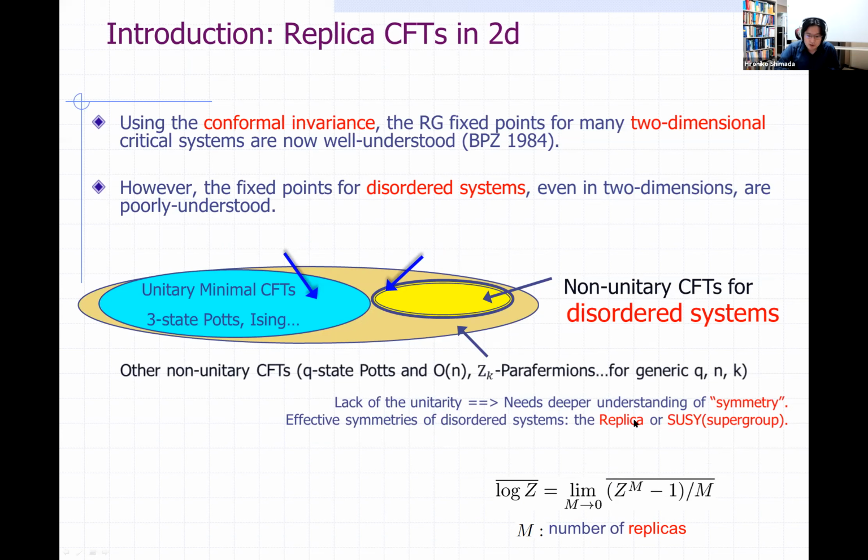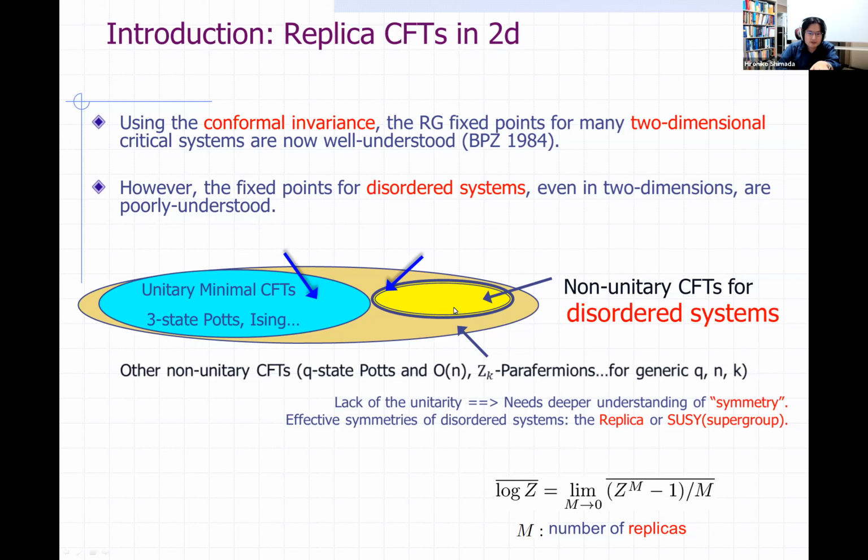Replica symmetry comes from the replica trick. As we all know, this comes from this identity. We use this identity and the M to 0 limit to compute the disordered average of free energies. And M denotes the number of replicas here.